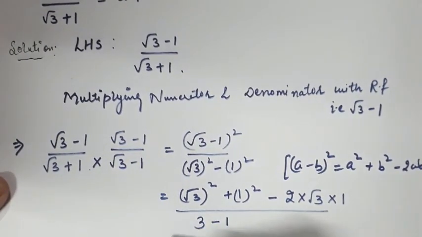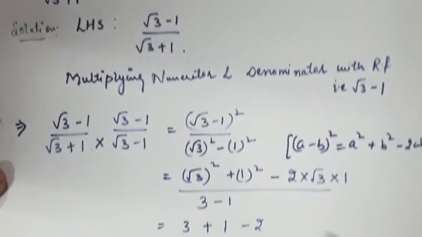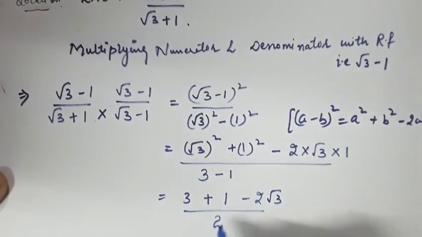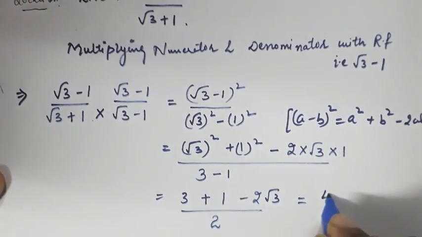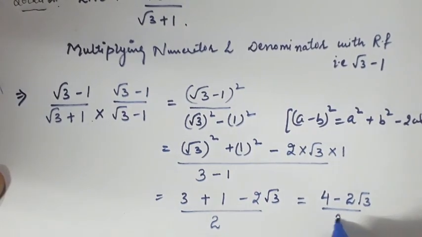Root 3 whole square is 3, and 1 square is 1. So I get 3 plus 1, that is 4, minus 2 root 3, upon 2.